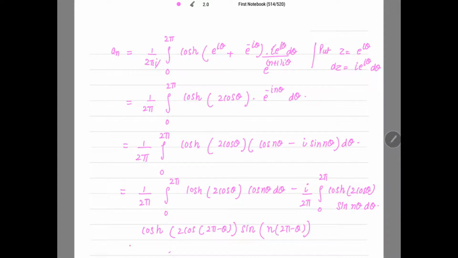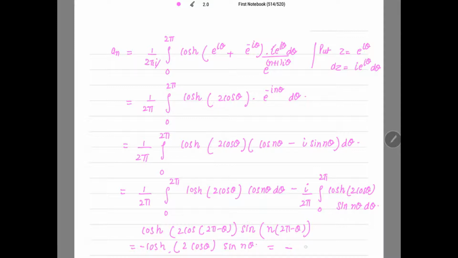This comes out to be equal to cos hyperbolic. Now 2 cos of 2 pi minus theta is minus cos theta, right? And sine n (2 pi minus theta) is simply minus sine of n theta, right? So this is equal to nothing but minus of this given function which is present in the second integral, right?